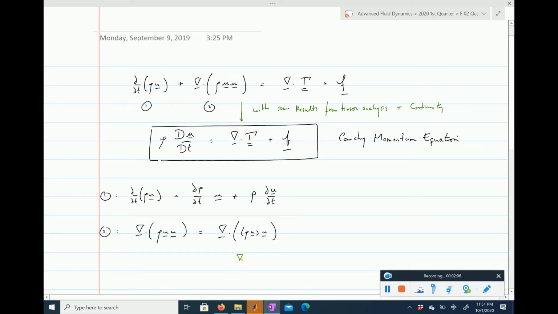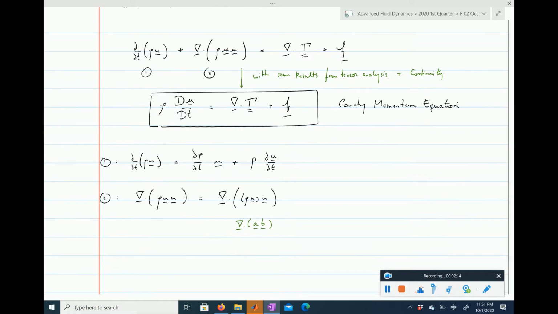The divergence of a dyadic product, so the divergence of a field A outer product field B, is going to look a little bit like the derivative of A times B plus A times the derivative of B. It will actually be the divergence of A times B plus A grad B. It's not exactly the product rule, but it is close enough.